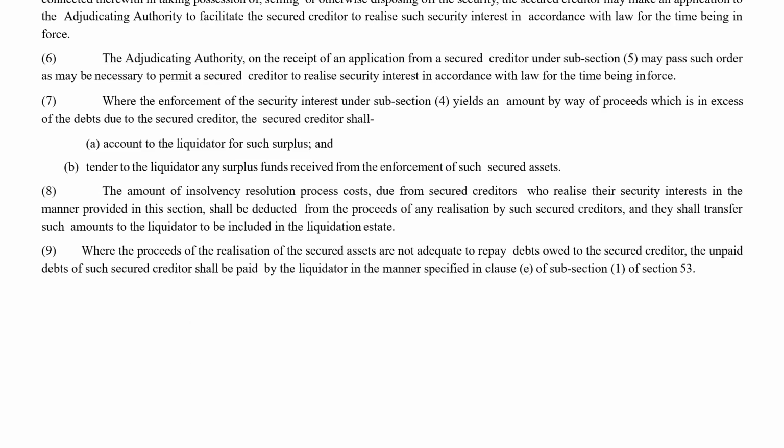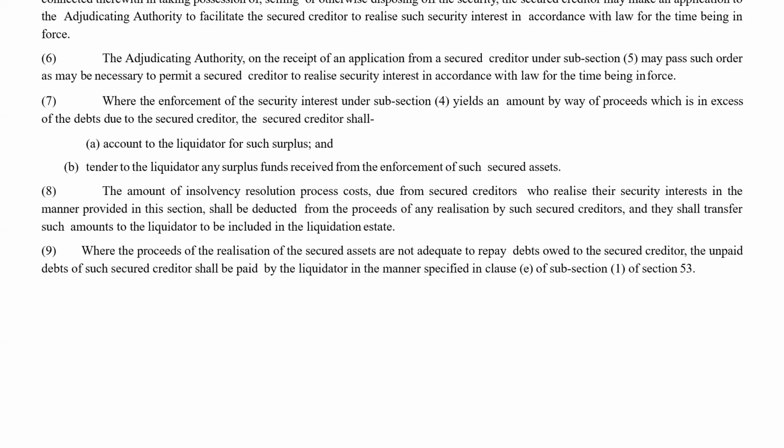A secured creditor has given a loan of 500 crore rupees, and the realization is also 500 crore. Can he retain the entire amount? No, sir. He has to pay the liquidation cost. The amount of insolvency resolution process cost due from the secured creditor shall be deducted from the proceeds of any realization.